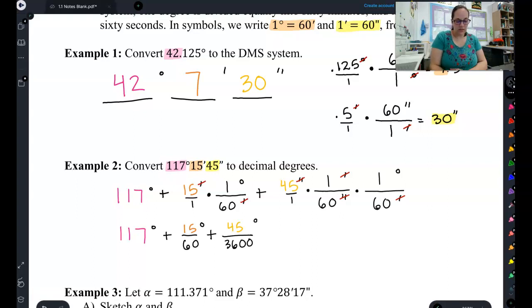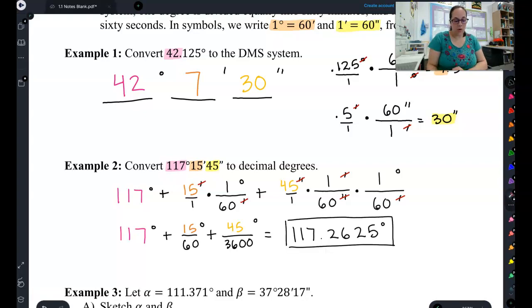And degrees is the only unit I have left. And now that these all have the same units, I can just add them all up in my calculator to get 117.2625 degrees. And that's how we go from DMS back into a decimal.